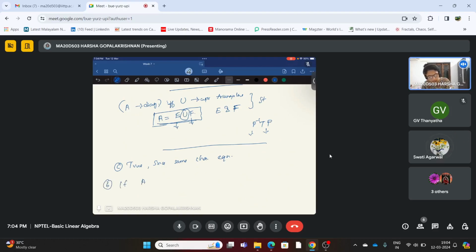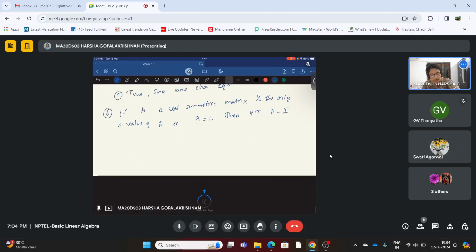If A is a real symmetric matrix and the only eigenvalue of A is lambda equal to 1, then prove that A is the identity matrix.